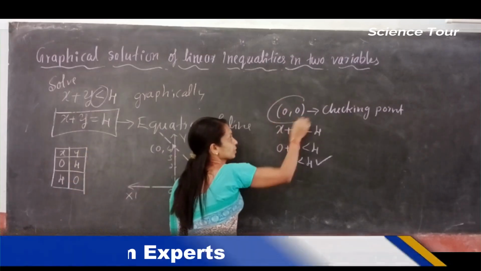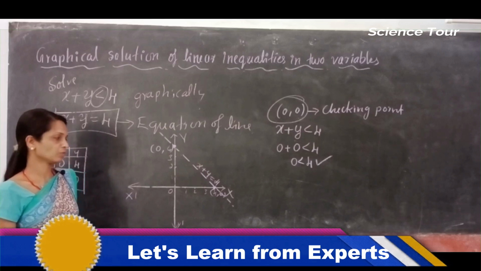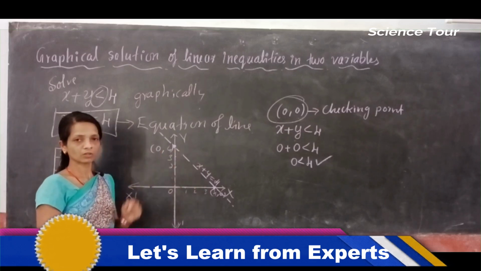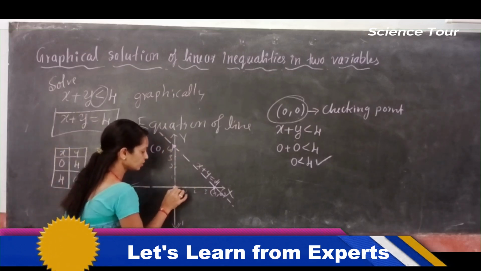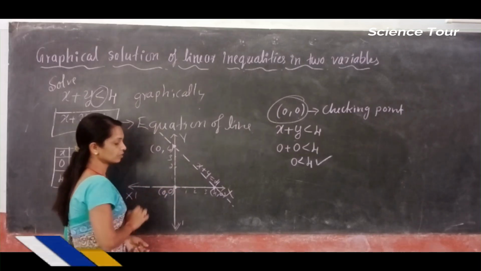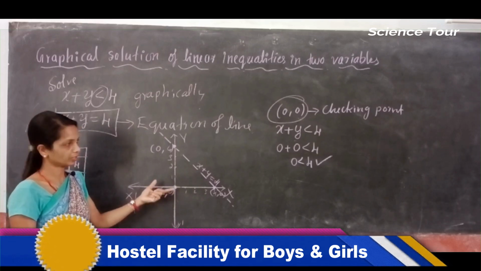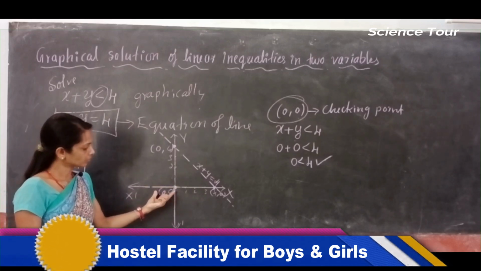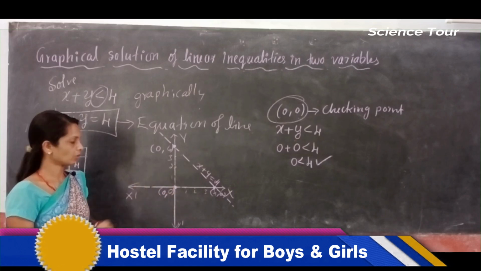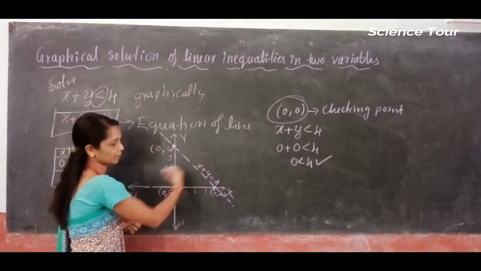Now you see the half planes. In which half plane do you have the checking point 0, 0? 0, 0 is nothing but the origin. The checking point we have taken is the origin. Now which half plane can you see the checking point in? The lower half plane, right?